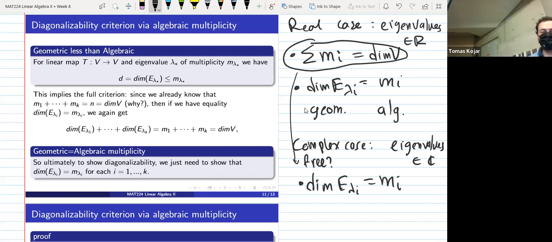Here or in the Zoom people? You guys can speak up if you like. You can use the mic, or you can type. So why in the complex case do we get for free the first constraint, that the summation of multiplicities is the whole space?